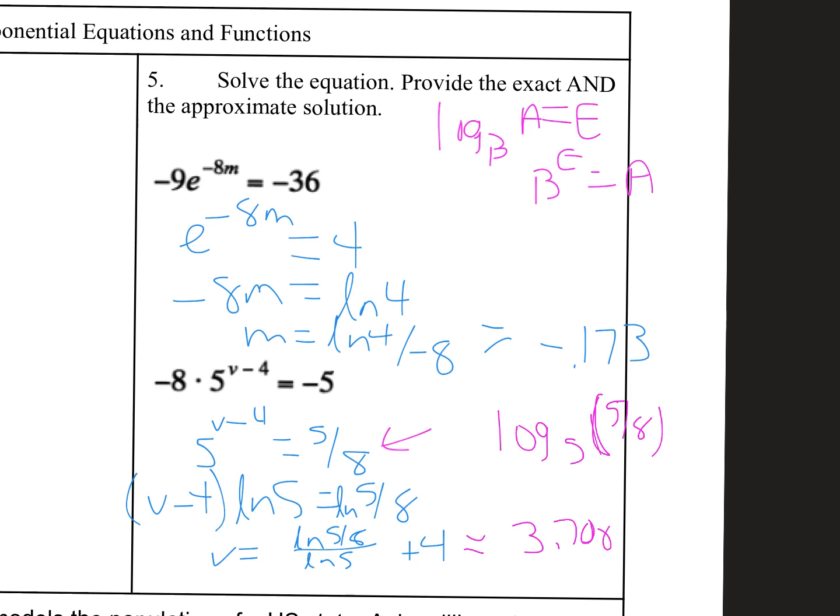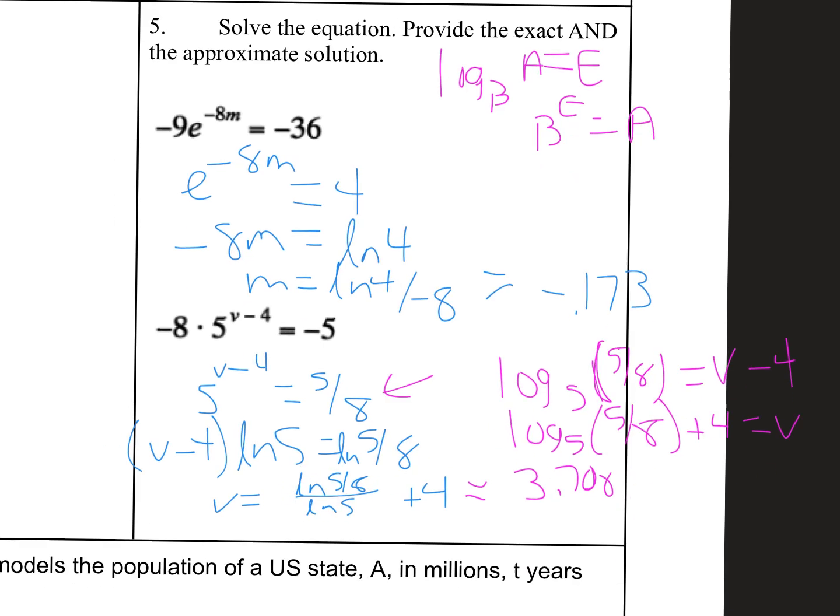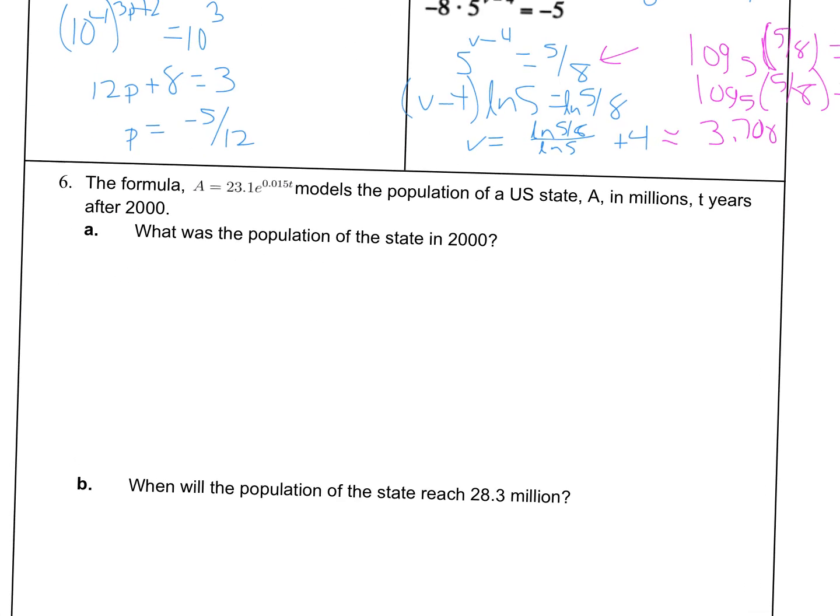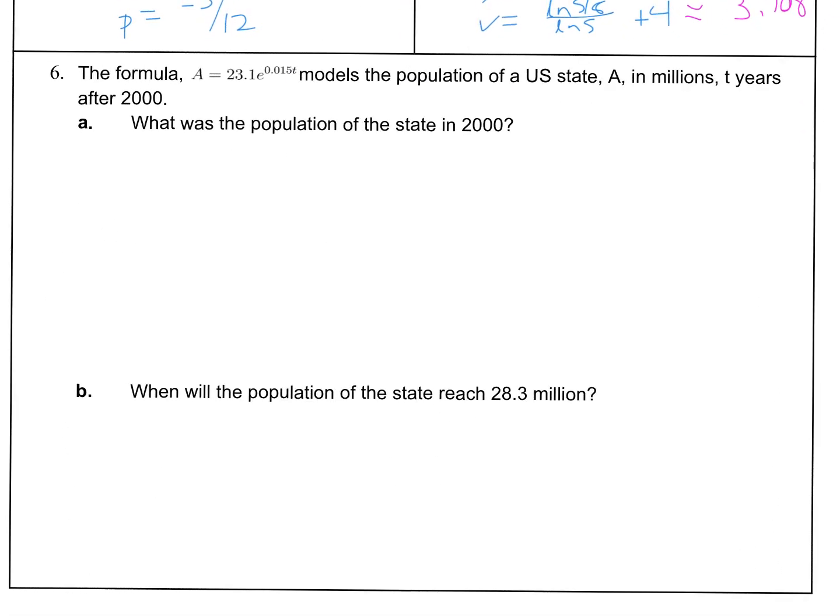And then equals the v minus 4. You can add 4 to both sides, so the log of 5/8 base 5 plus 4 would be v. Either of those would be acceptable answers. It does not matter if you went here, or heck, you could have gone any base you want right there. You could have gone just log. Doesn't really matter.